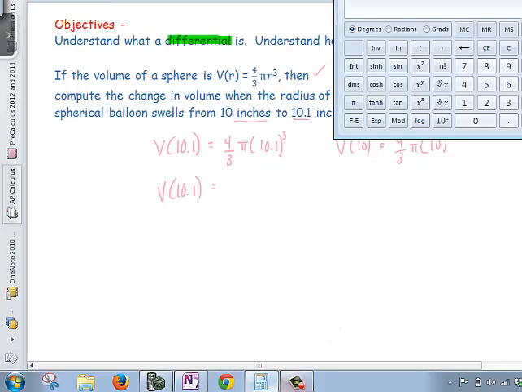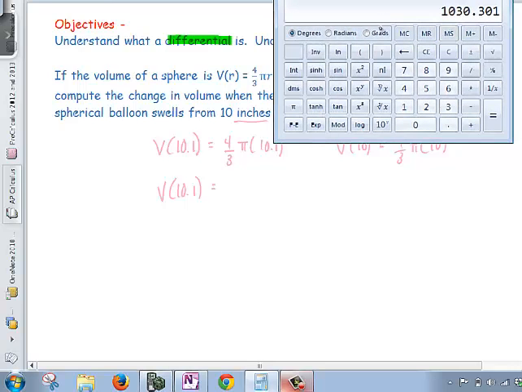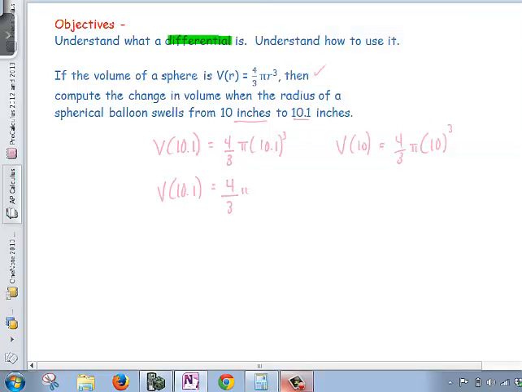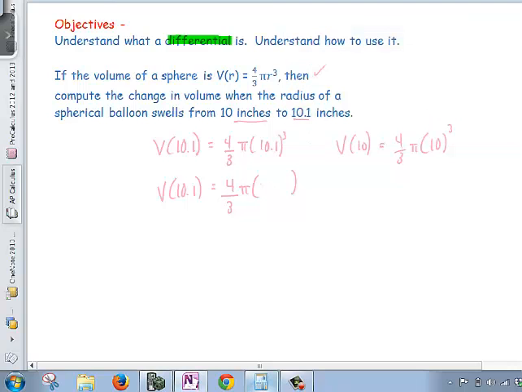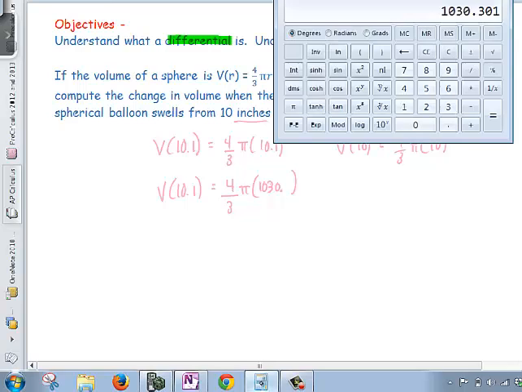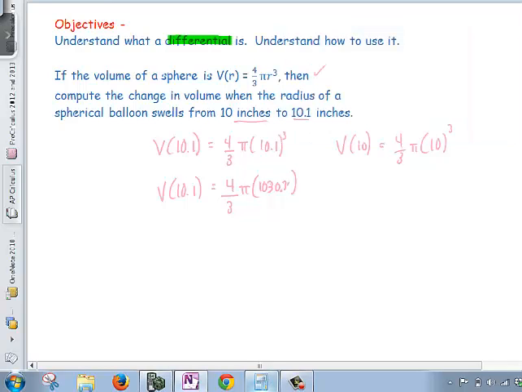So that would be 4/3 pi times 10.1 to the third power, which is 1030.301.